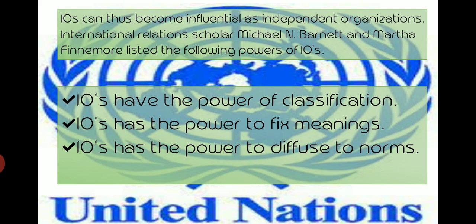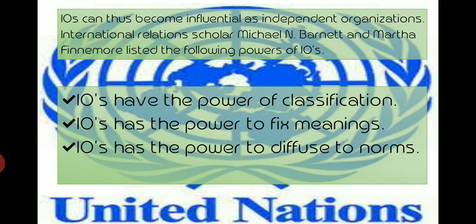Kahit na sabihin natin independent organizations lang sila, they have the power para mapasunod itong mga member states or yung mga countries around the world. In that sense, makikita natin yung governance, and nagiging global governance siya kasi hindi lang iisang bansa yung sumusunod bagkos lahat ng bansa sa buong mundo.